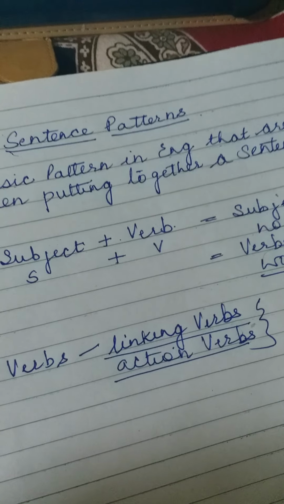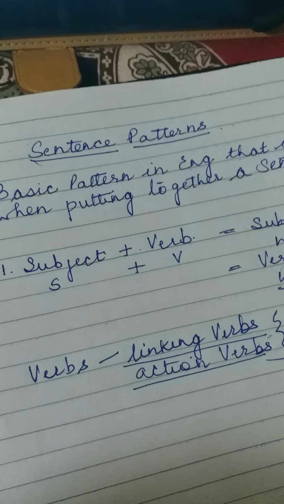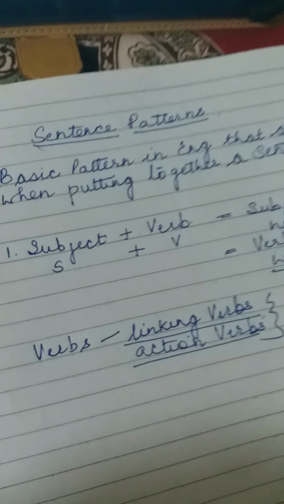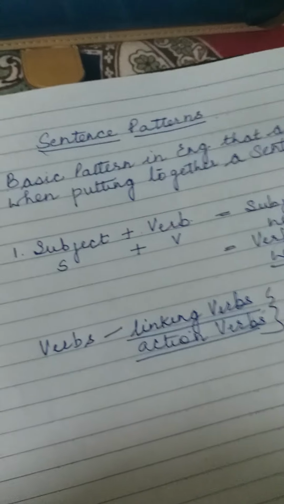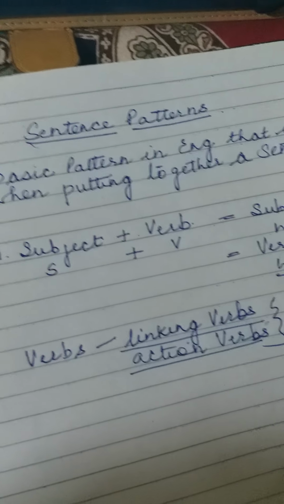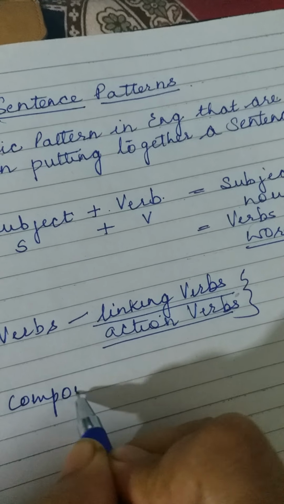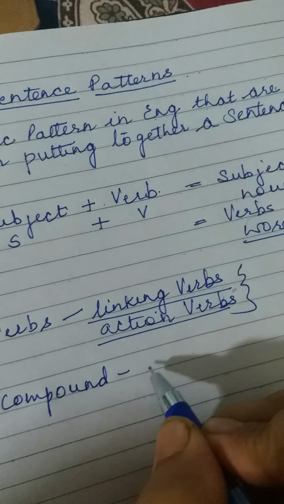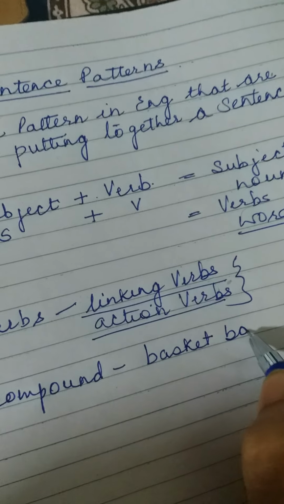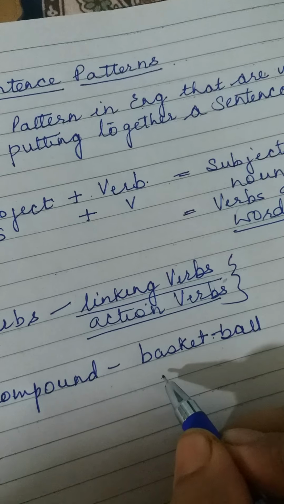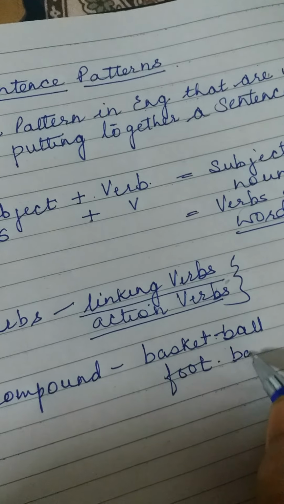It's important to consider that subjects or verbs are sometimes compound. Compound means two words together, like basketball, football.